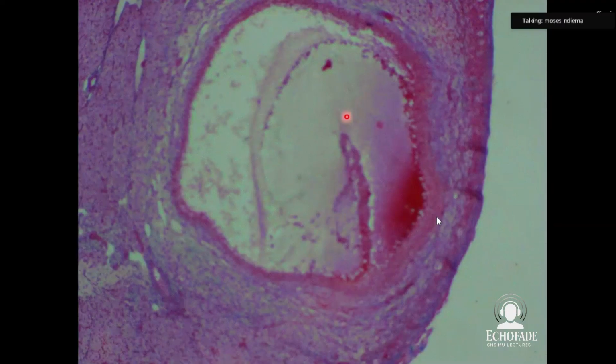So the luteinizing hormone continues to maintain the lutein cells within the corpus luteum, so that you now have a corpus luteum of pregnancy.